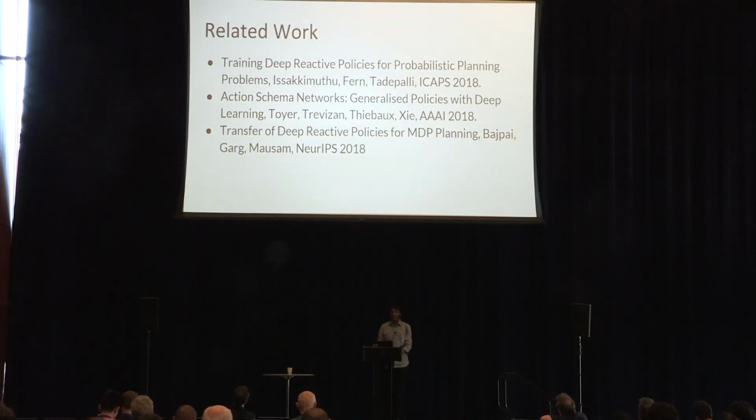So we are actually not the first ones to use neural networks for planning. Previously, these methods have been used, and we had a previous paper at NeurIPS also. But the constraint in the previous NeurIPS paper was that it couldn't transfer across problem sizes. The problem size had to remain constant, but the graph structure could change.